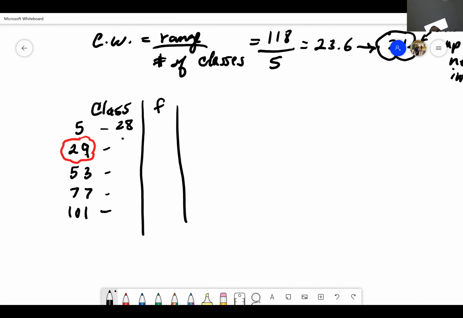By the way, 52 is 1 less than 53. 52 plus 24 is 76, which is 1 less than 77. 76 plus 24 is 100, which is 1 less than 101. So you can just find the first upper class limit, and since the class width was conserved, you can just add the class width over and over. But the last one, you have to do 100 plus 24, which is 124.